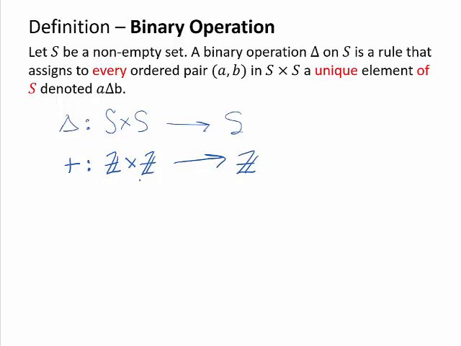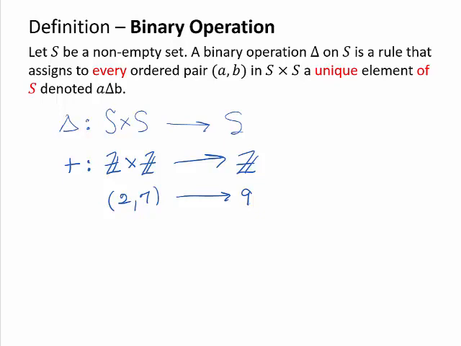Addition is a binary operation that assigns to each element in the cross product a unique integer. For example, it would send the ordered pair 2, 7 to the number 9. Addition is a binary operation on Z.